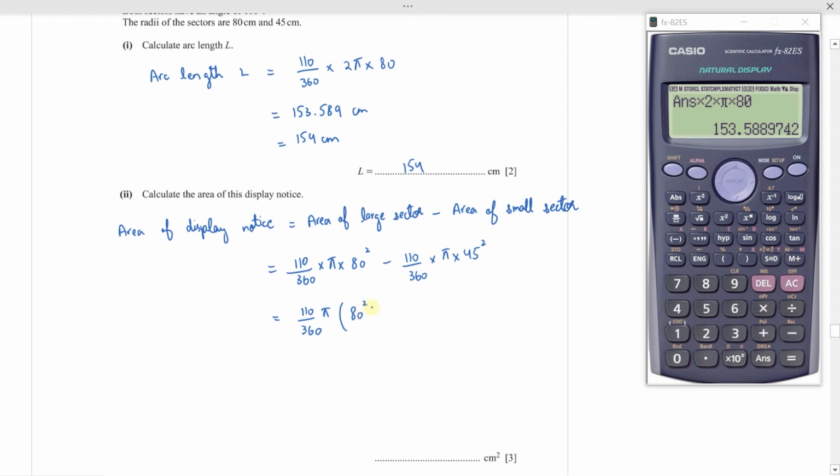And then I have 80 square minus 45 square. So let's calculate this. 80 square minus 45 square, and then multiplied by pi into 110 and divided by 360. So your area is 4199.69, and then up till three significant figures this will be rounded up to 4200 centimeters square.